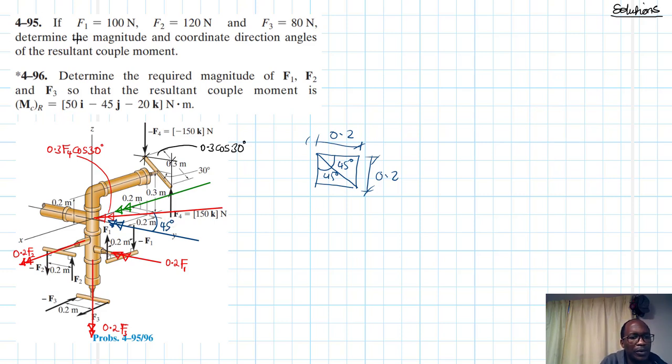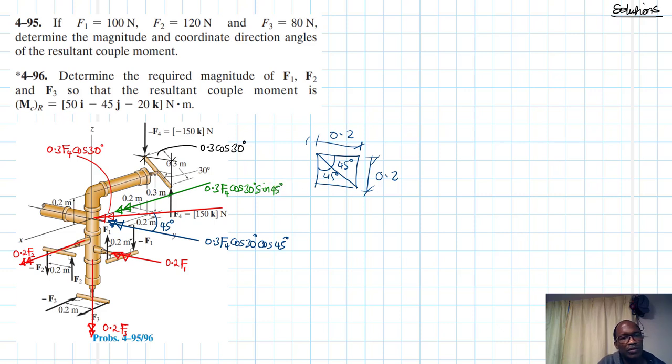Okay, agree? Great. So therefore, this component is going to be equal to 0.3 F4 cos 30 cos 45. And this one is also 0.3 F4 cos 30 sine 45.